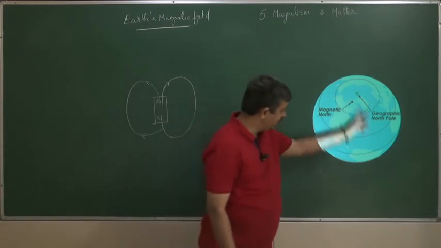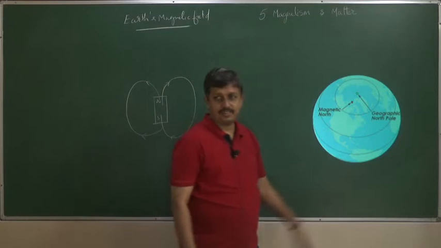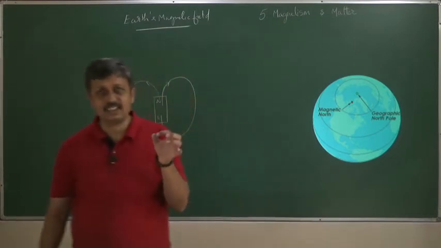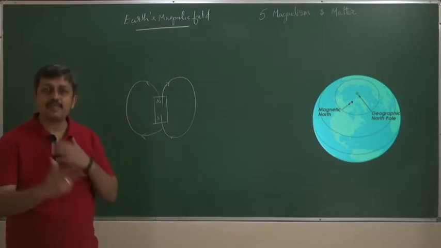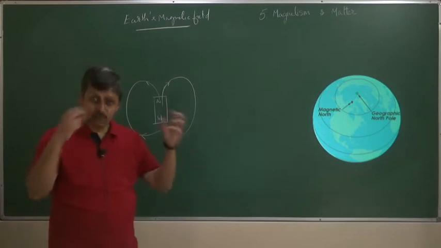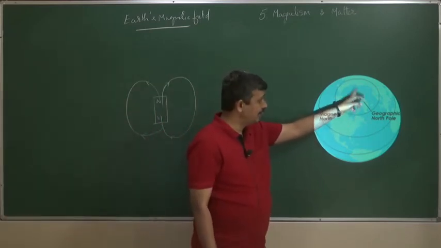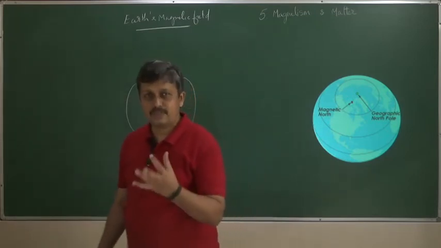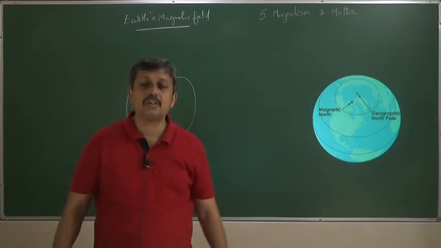Similarly, down here there is a geographic south and a magnetic south somewhere here, the back side. So there is a slight shift at the point of magnetic north and magnetic south, in the sense that wherever you see the maximum amount of field lines going inside, that is the magnetic north. So magnetic north is not exactly at the same position, it is a slightly different position. You can figure out how far it is away, and look at the globe, you get an idea.